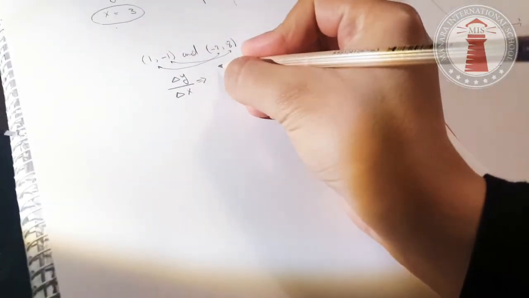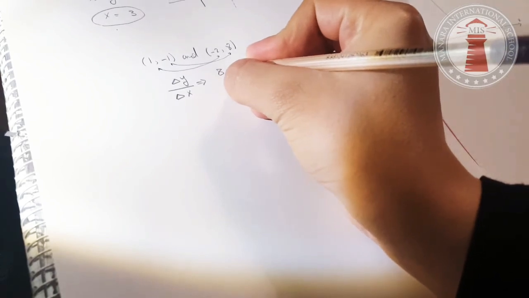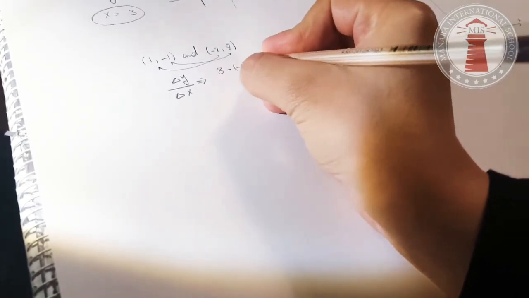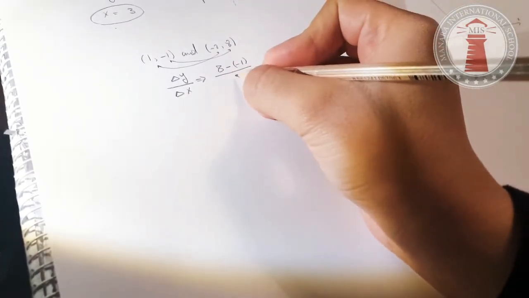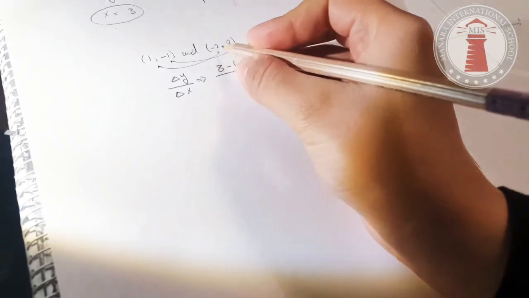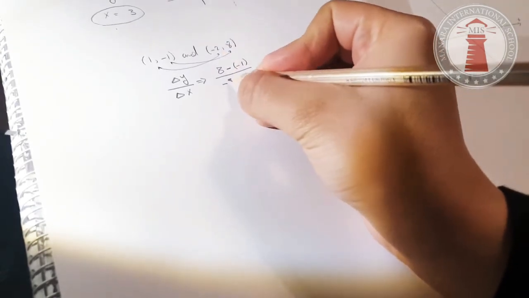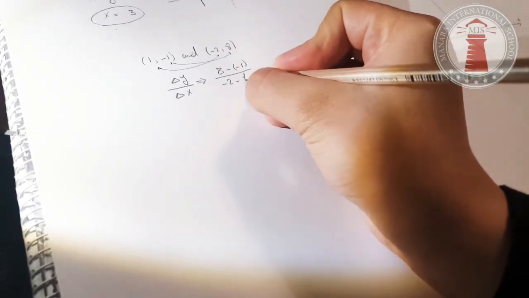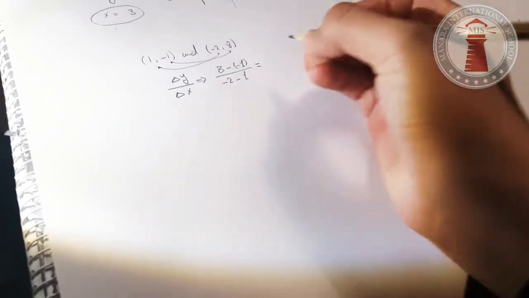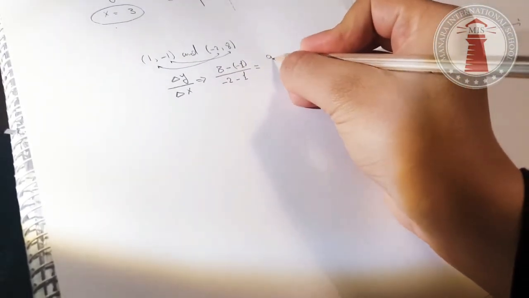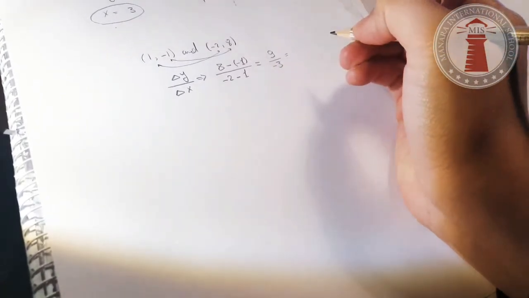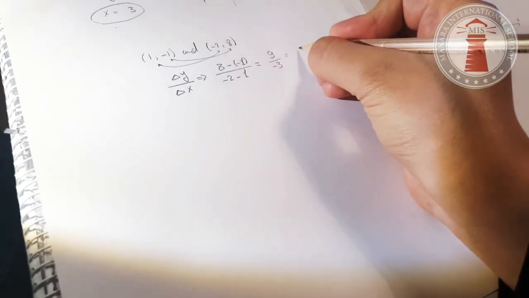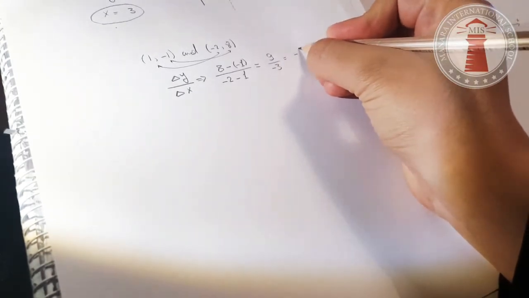The y coordinates in these points are 8 and -1, so we're going to put 8 minus -1. Then we have the x, which is -2 minus 1, which gives us 9 over -3, which gives us an answer of -3.